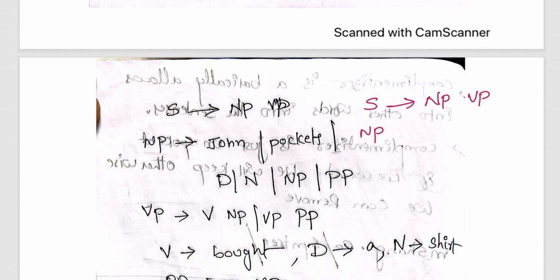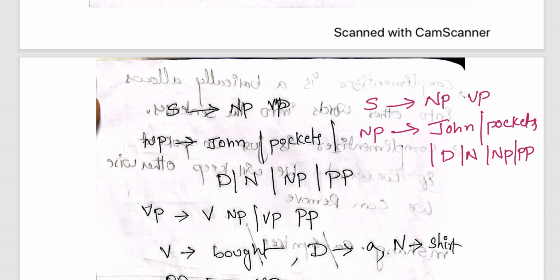The noun phrase in the given sentence can be John and pockets, or determinant and noun, or noun phrase and preposition phrase. Then the verb phrase is followed by a verb and noun phrase, or verb phrase and preposition phrase. So you can use either of these.